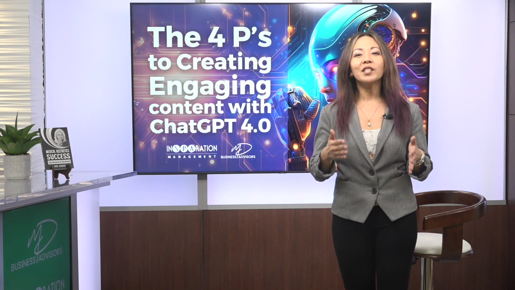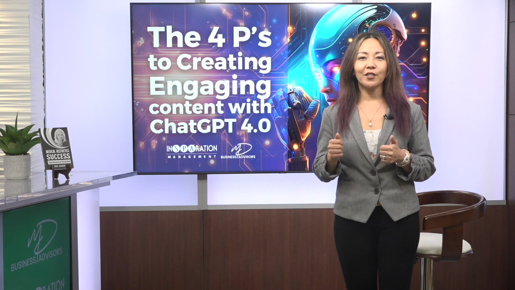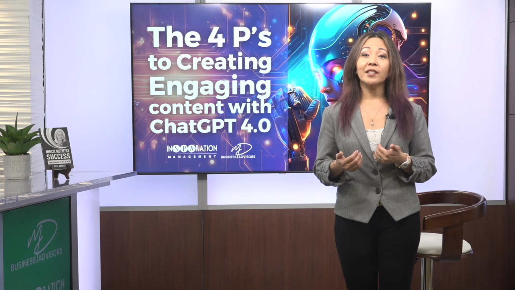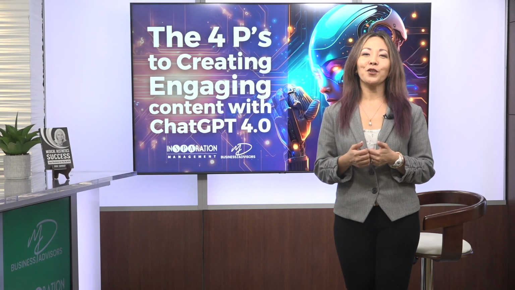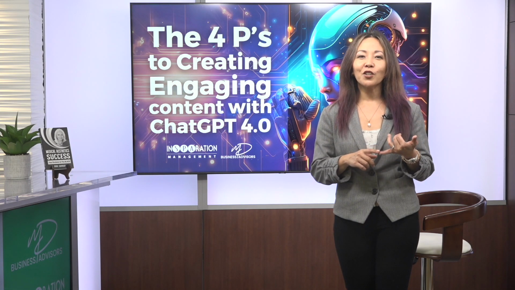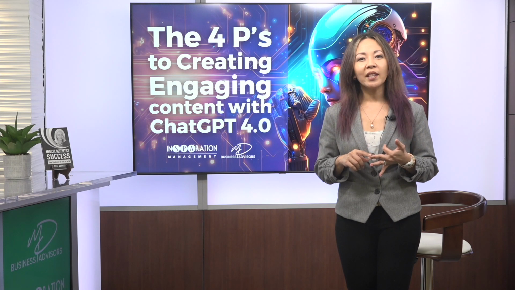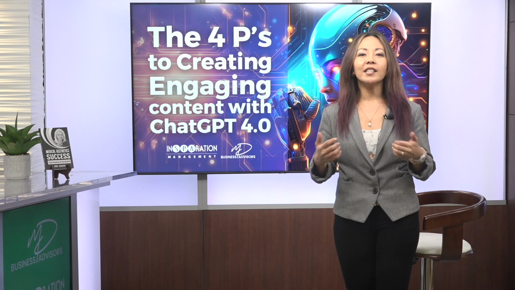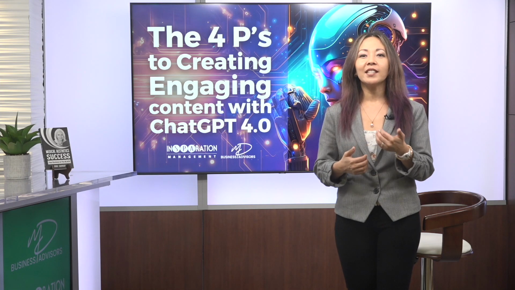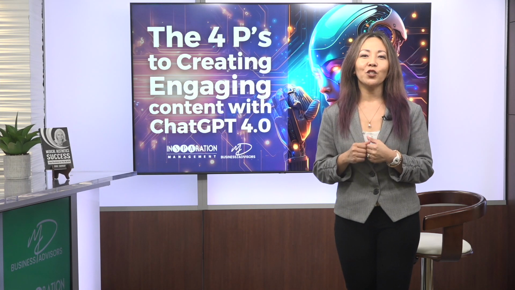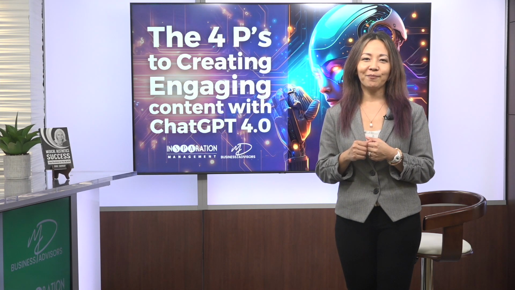Highlight what makes you different from all your competitors. Talk about your brand voice. Explain the tone and style of your communication, whether it's professional, friendly, using luxury language. And all these details help ChatGPT tailor its content to match your brand and services.